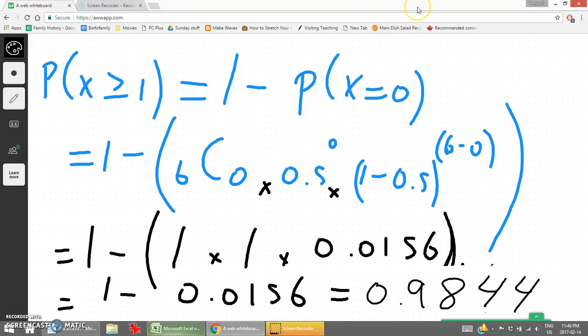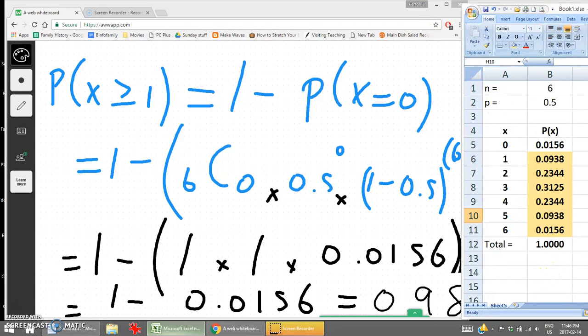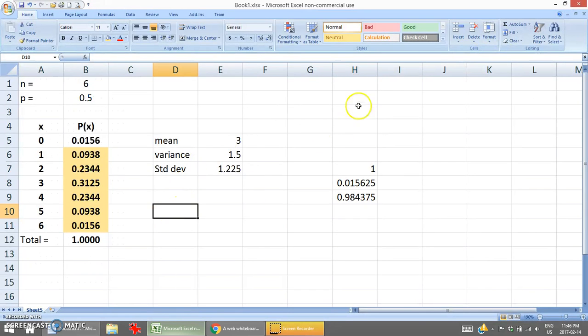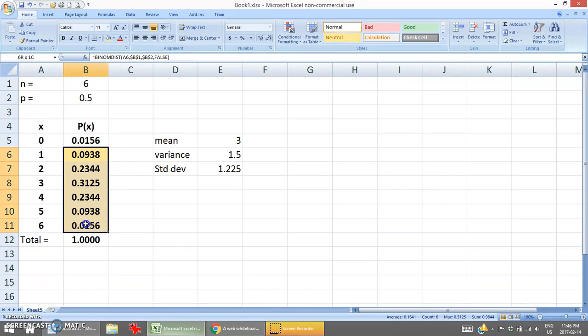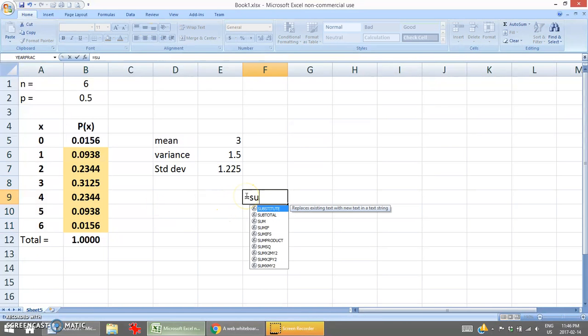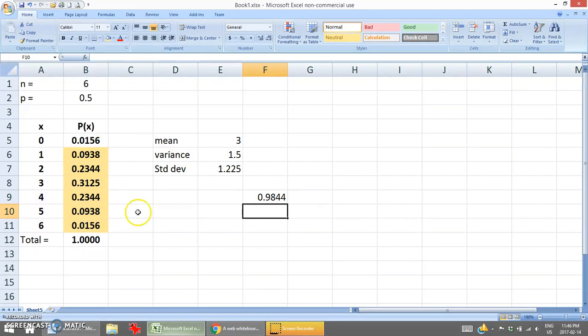So when we go back to that Excel file, if we make this larger here, these 6 probabilities added up, we can go equals sum, adding up these 6 probabilities is 0.9844.